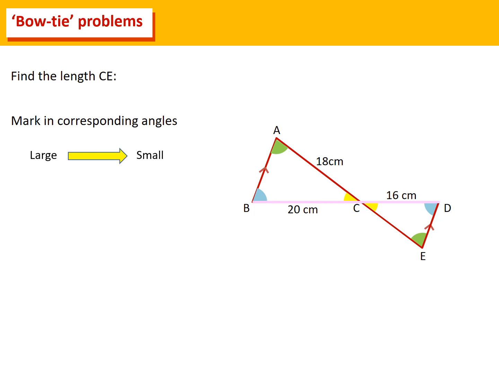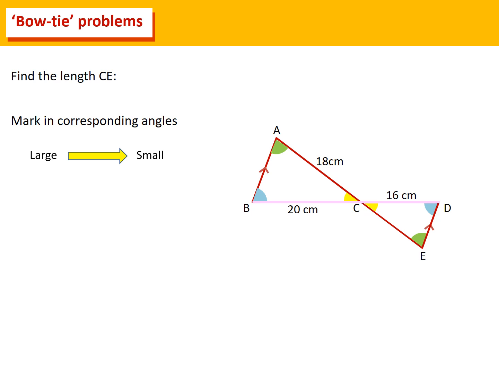Then if we join B to D or D to B, we can see that D to C joins the blue angle to the yellow angle. In the large triangle, B to C joins the blue angle to the yellow angle. So that makes BC and DC corresponding lengths.